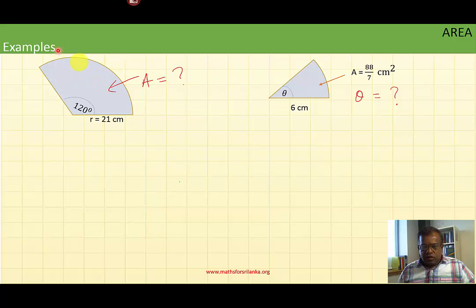Now let's do two example problems to see how we apply the formula we got for the area of a sector. In example 1, we have to find the area of the sector given that the angle at the center is 120 and the radius is 21. And we know our area formula for a sector: if you know the angle at the center and the radius, we can find it.